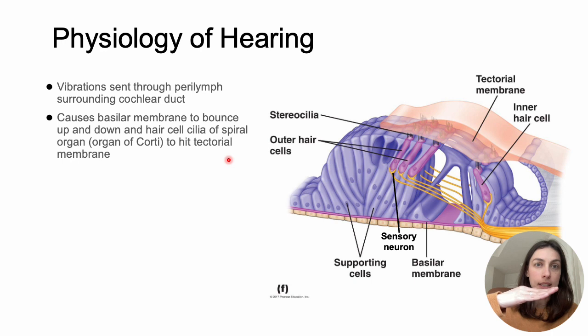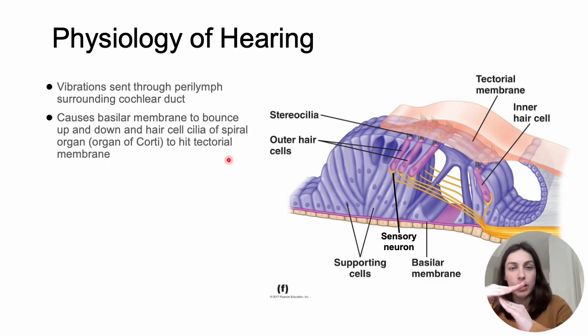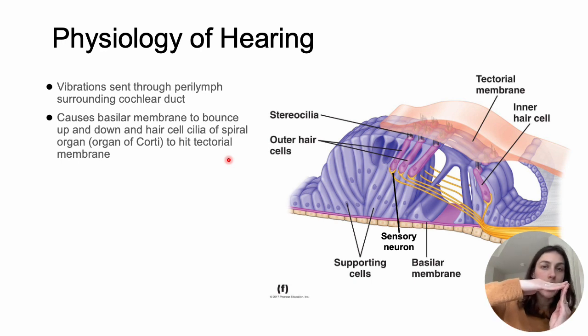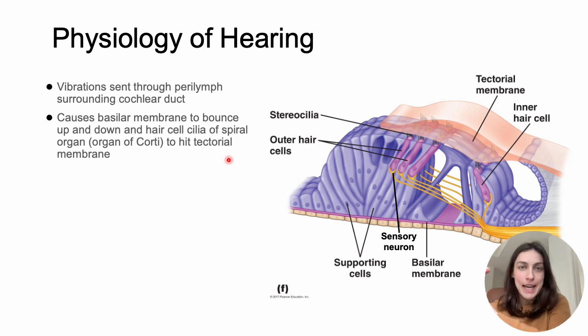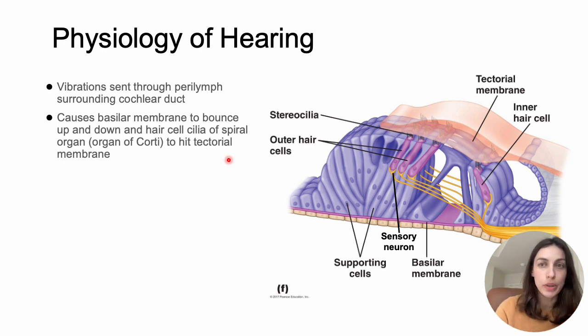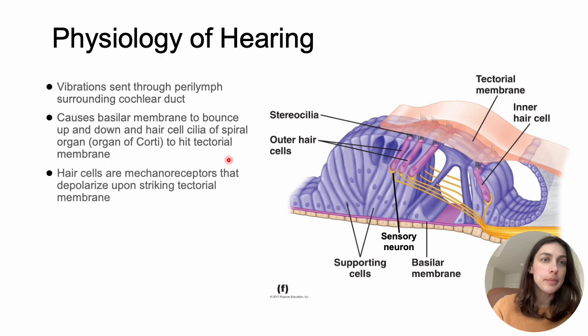But because the tectorial membrane stays intact, the hair cells are moving against it. So they're being pushed one direction and then they go the other direction. That tectorial membrane is important because it's the only thing that is stationary, so the hair cells can be pushed against it. Okay, we'll see why that's really important in a second.